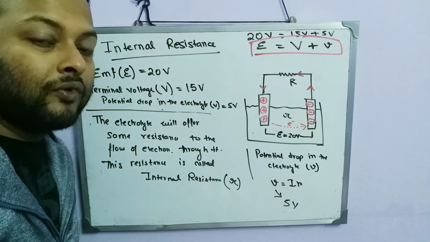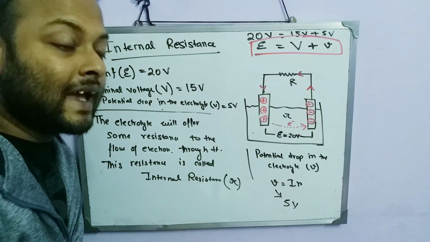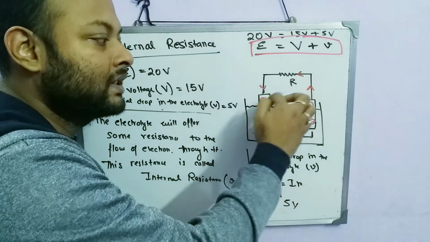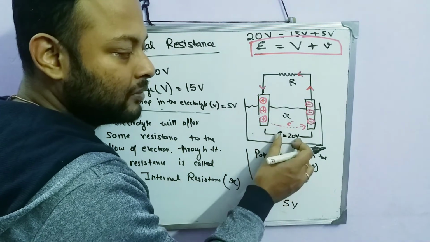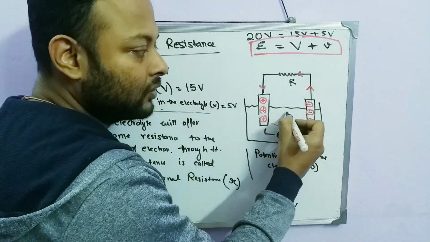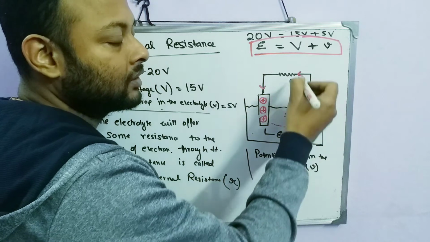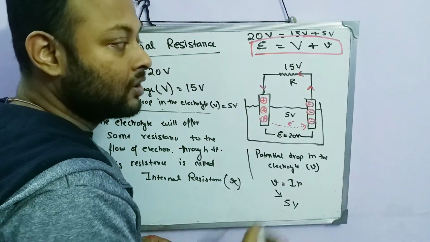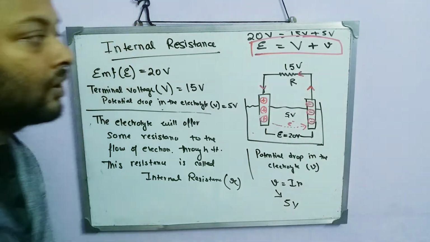So this 5 volt drop that I am getting inside the electrolyte is actually decreasing my EMF, and whatever voltage I am getting in the external circuit is 15. So I can say over here EMF is 20 volt and the potential drop inside the electrolyte is 5 volt, and the terminal voltage through the resistor is 15 volt. So 5 volt plus 15 volt is equal to this 20 volt.